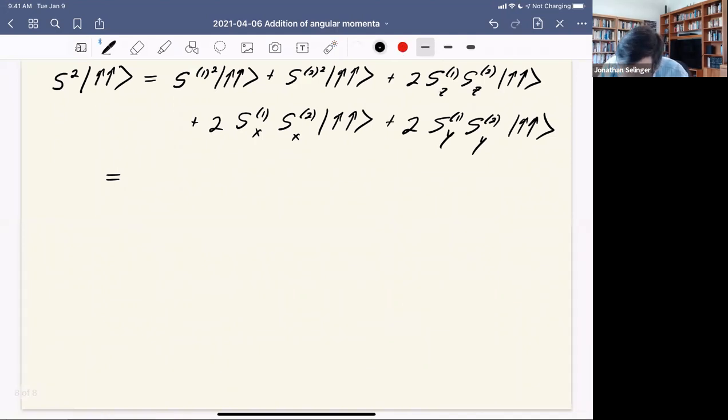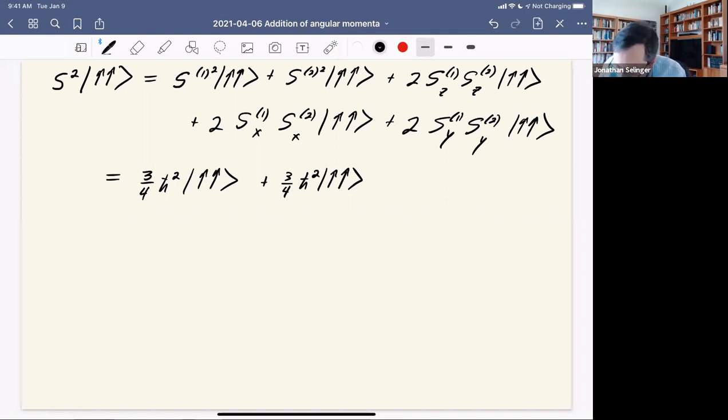Now how about S2 squared acting on up? Well, it does the same thing. It cares about particle 2, but particle 2 has the same S of a half. So this is also 3/4 h bar squared times up.